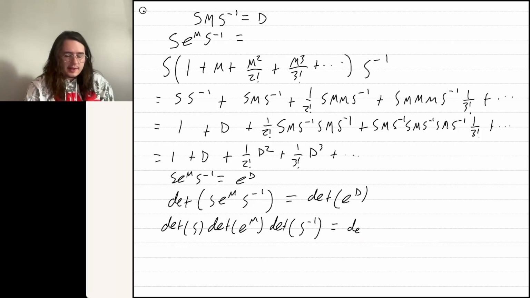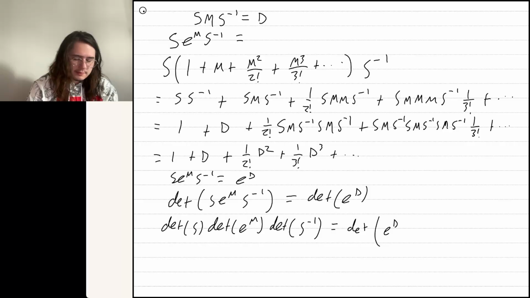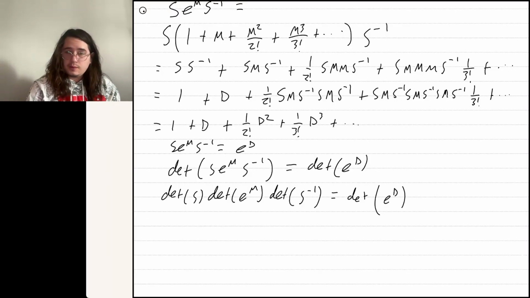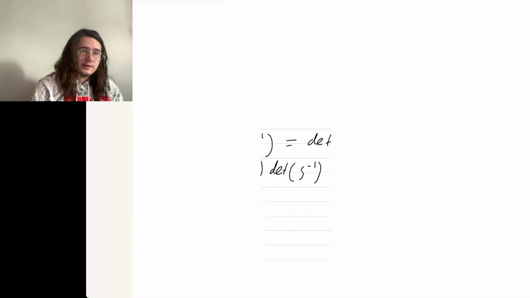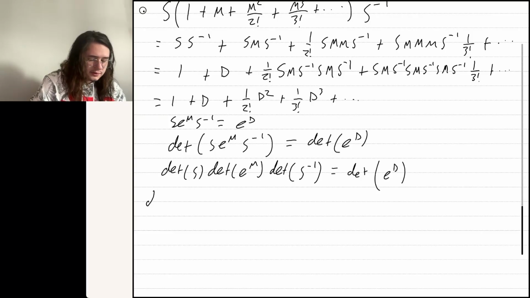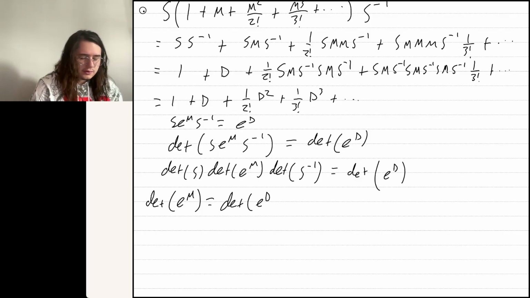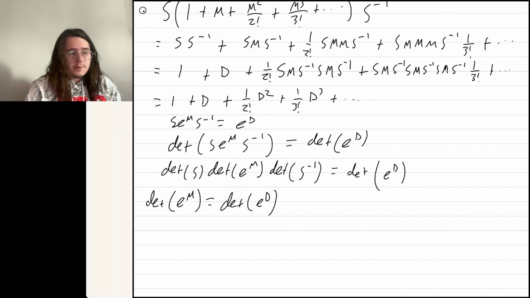And then on the right-hand side, it's the determinant of e to the D. I'm not going to expand it right now. S is a unitary matrix, which means its determinant is equal to 1. So we can also just write this as the determinant of e to the M on the left-hand side, and on the right-hand side it'll still be the determinant of e to the D, which we haven't expanded yet. But you can see that we're almost there on the proof.